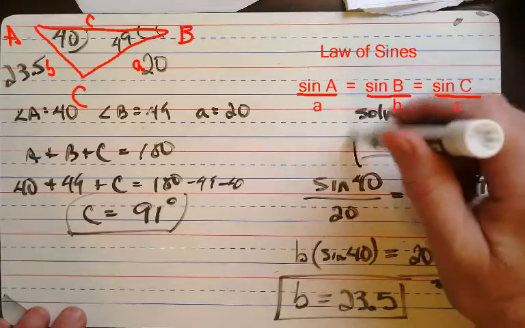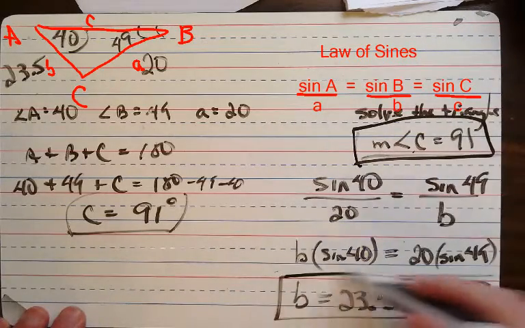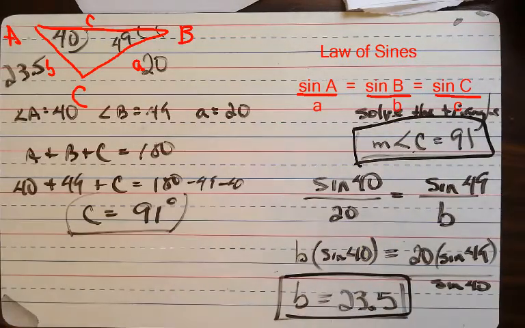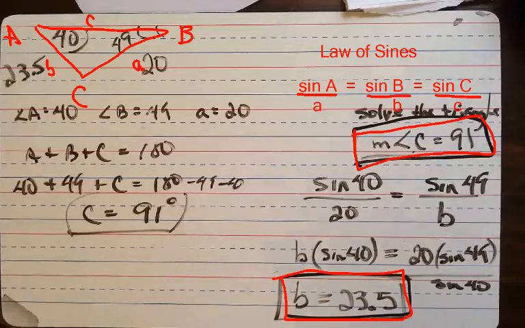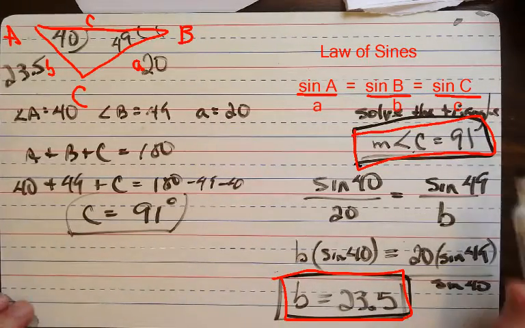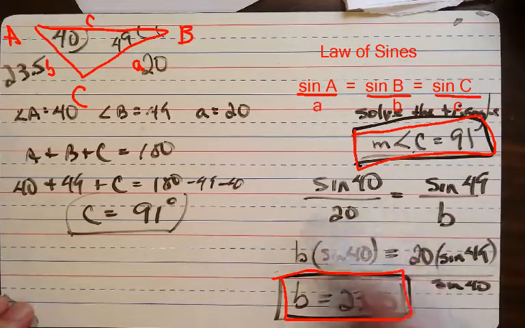So here's one answer, and here's one answer. Maybe we should use a color. So there's one answer and there's one answer. And now we want to find side C. Well, I do the same thing.